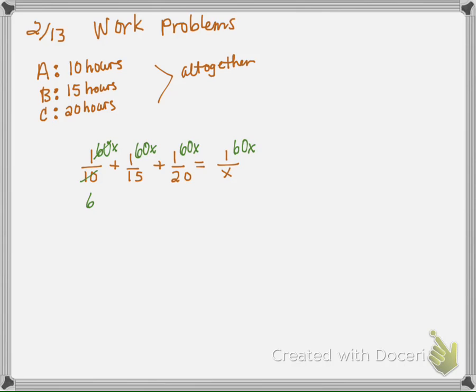So we have 6x here. How much? 2x. No, 4x. Okay. And this one? 3x equals, here the x's simplify, 60. And we add everything up. 13x.